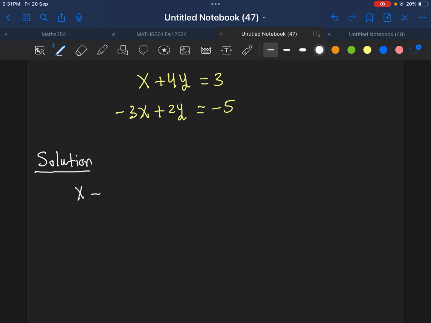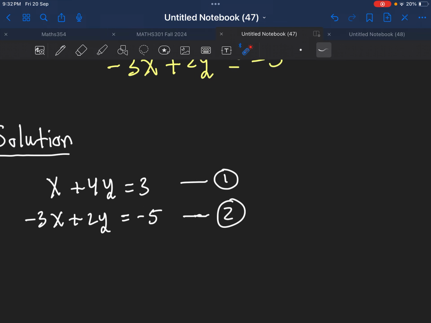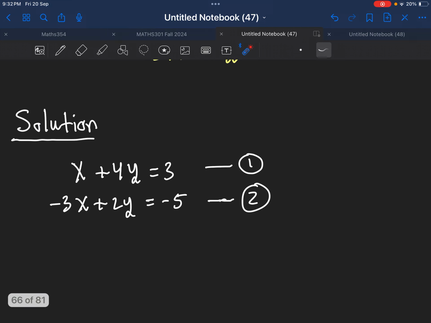So I have x plus 4y equal to 3. I have negative 3x plus 2y equal to negative 6. This is equation number 1, this is equation number 2. Well, in this case, what we need to do is get rid of one of the variables.